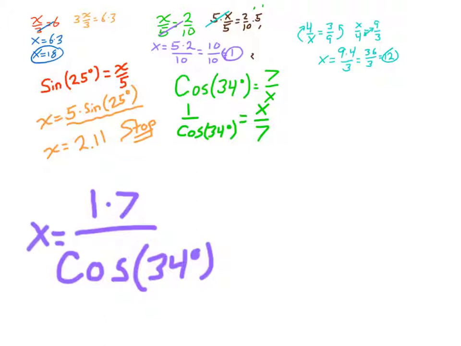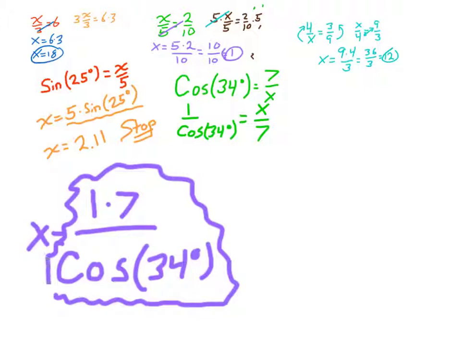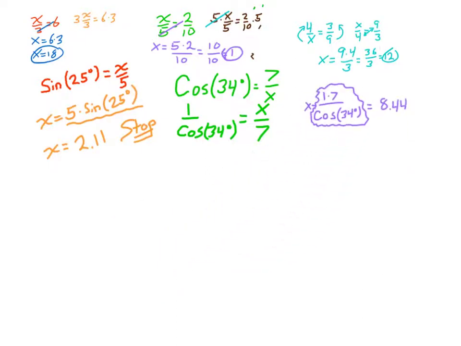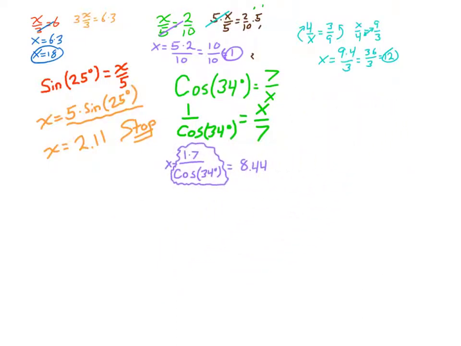Okay, so now stop, type this part into your calculator, and try to get your answer, because what I get when I do it is 8.44. Ta-da! Isn't that awesome? Look how smart you're getting.